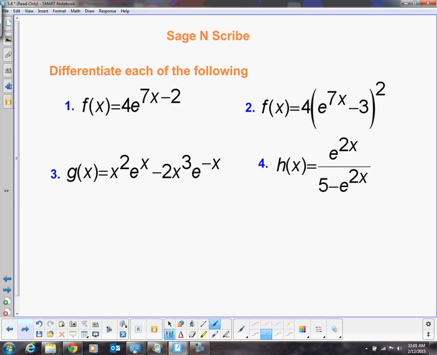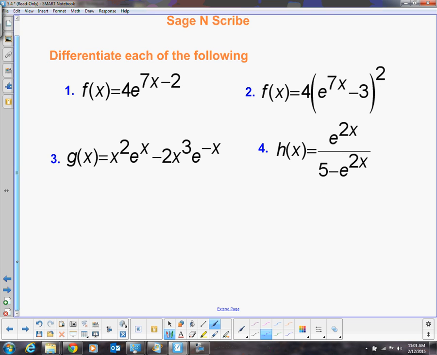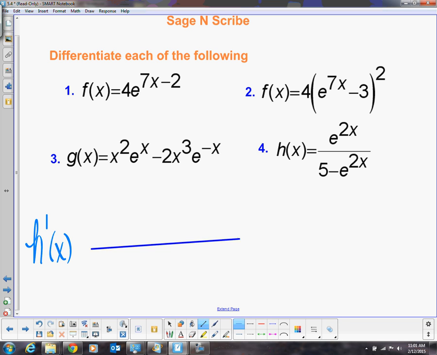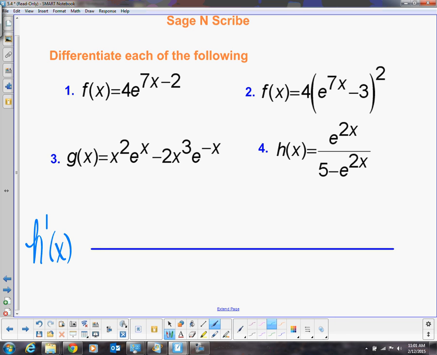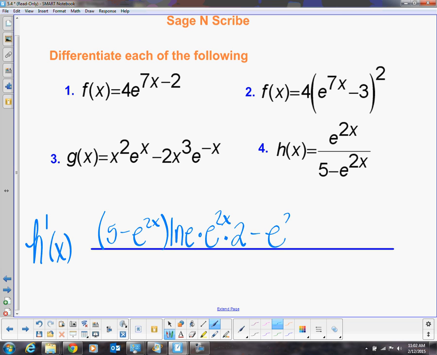Which one do you think looks ugly? The last one? You want to do a quotient rule? Let's do it. So this is going to be h prime of x. You ready? Let me get a fraction bar. So we're going to say denominator, which is 5 minus e to the 2x, times the derivative of the numerator, which is ln e to the 2x times what? 2, minus the numerator.